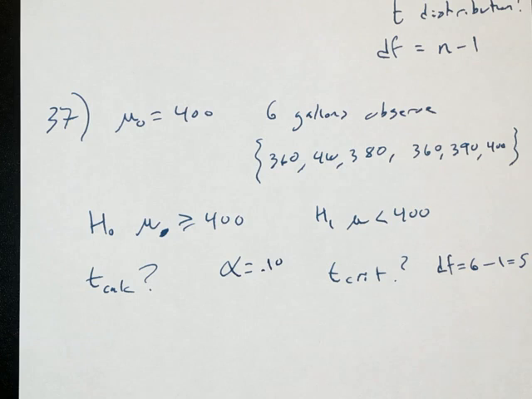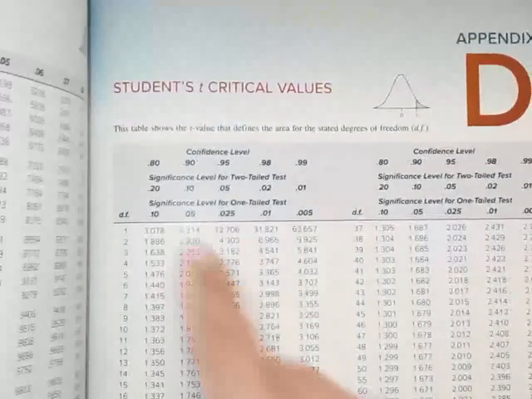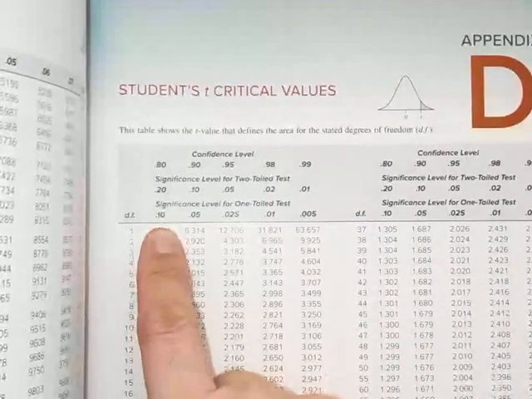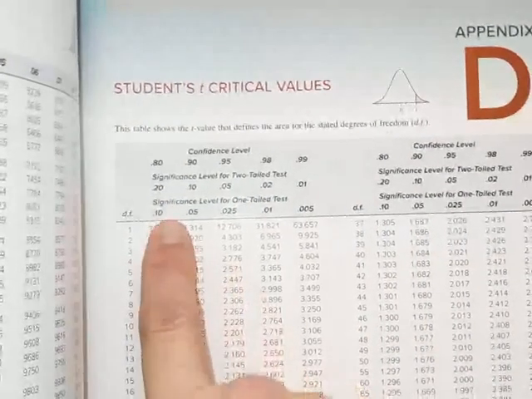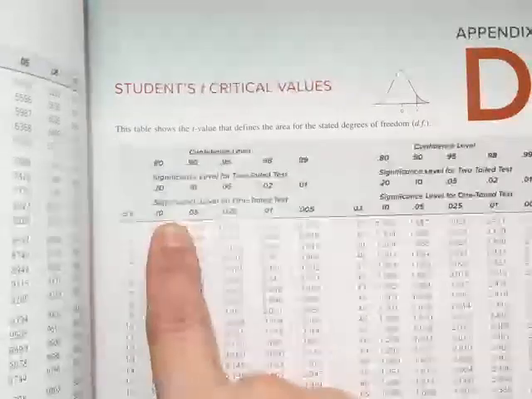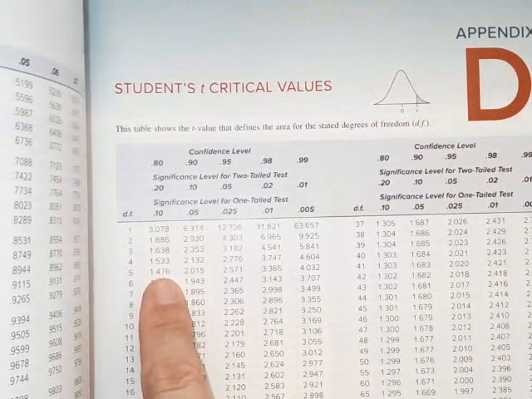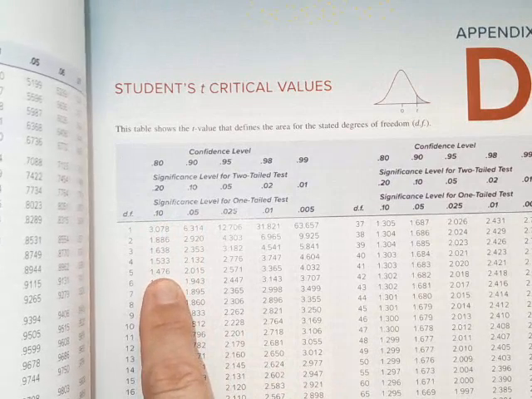But alpha itself is the significance for a one-tail test. Notice that the significance lines in the table are given both for a 1 and a 2. One-tail test, 10. I go down to DF equals 5, 1.476.